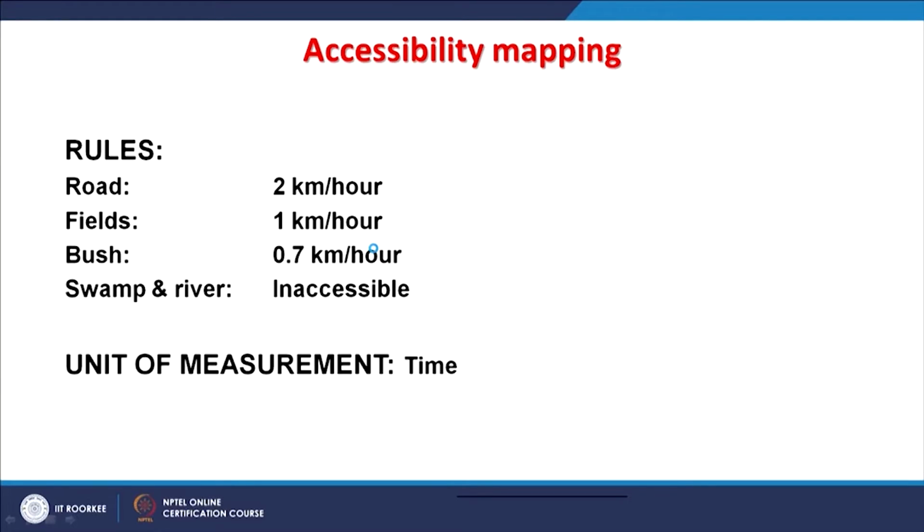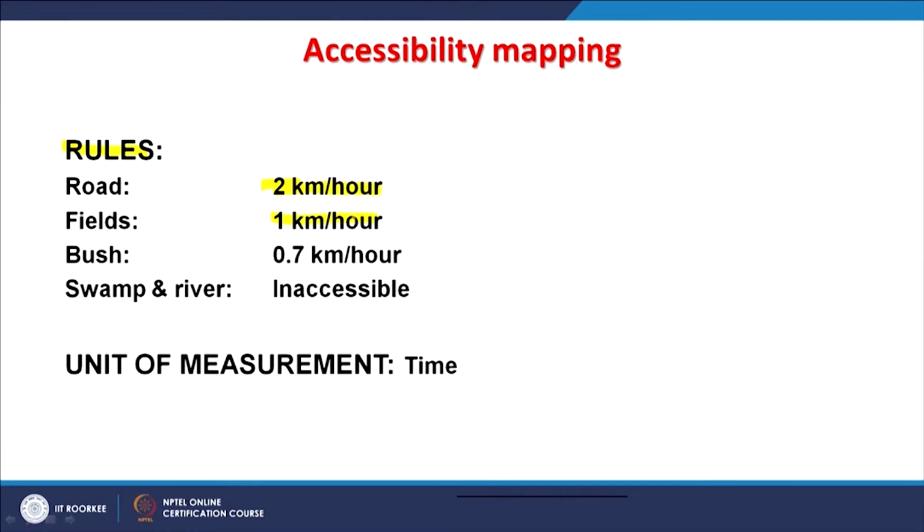So, the rules being put here, for example, if one has to travel by road, now time comes in here. So, 2 kilometers per hour, and if one has to travel through fields, not by road, then the distance covered is 1 kilometer per hour.